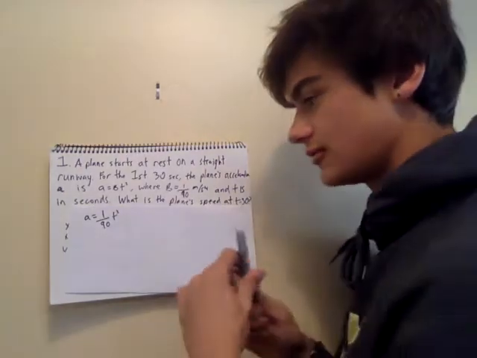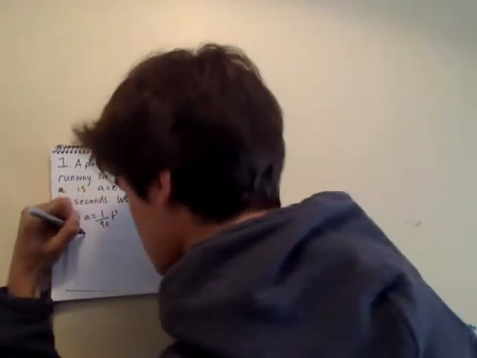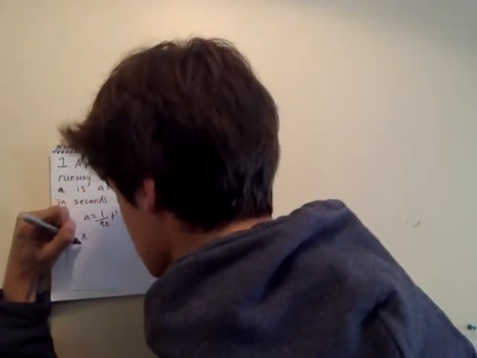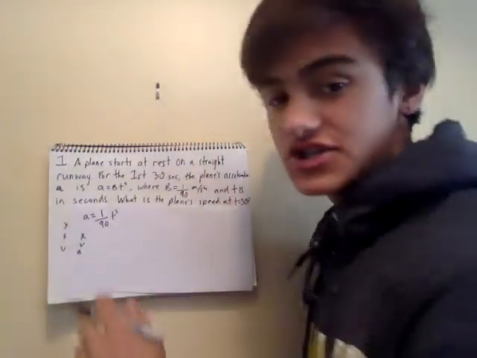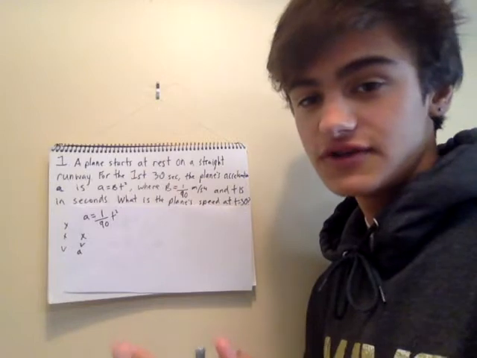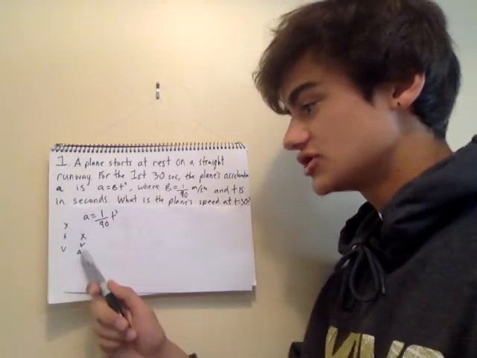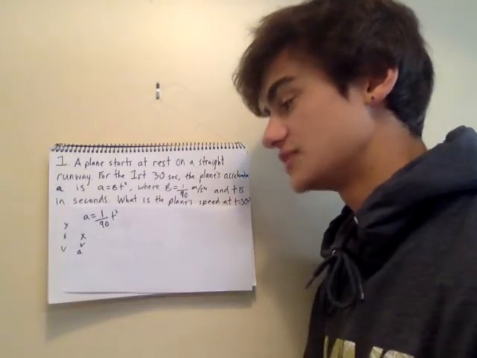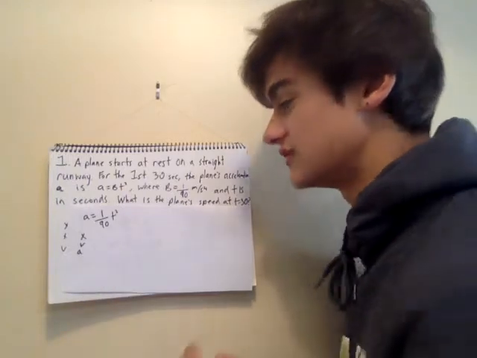We know that there's position, which we can call x, velocity, and acceleration. Velocity v is the derivative of position, and acceleration is the second derivative of position, or also the derivative of velocity.